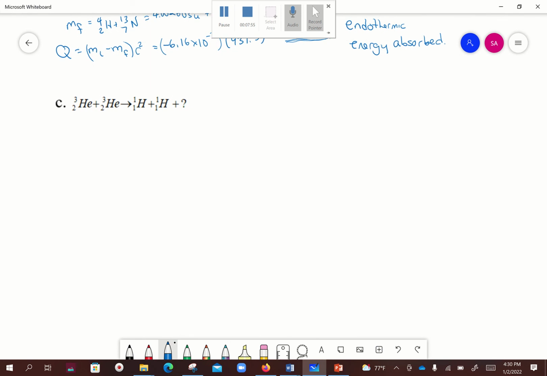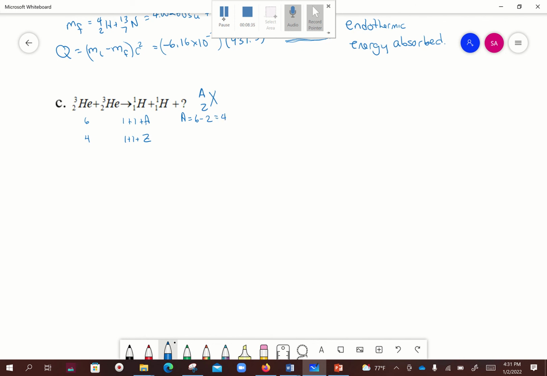Okay, let's do another one. So now we've got helium nuclei going to hydrogen nuclei. So let's see what I have. On this side I've got 3 plus 3, so 6 for A, and 2 plus 2, 4 for Z. On the other side, I've got 1 plus 1 plus, remember I'm going to say this is AZX, so 1 plus 1 plus A, and on the bottom 1 plus 1 plus Z. So A has to be 6 minus 2, which is 4.